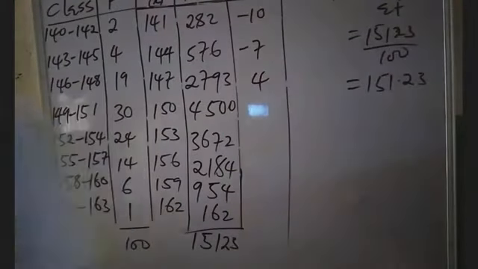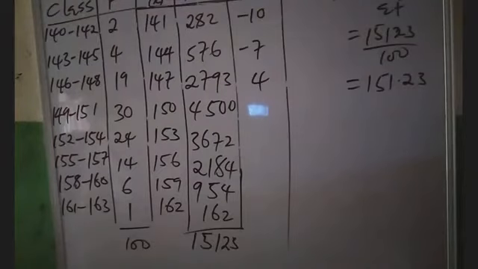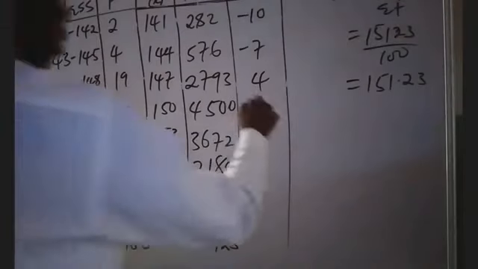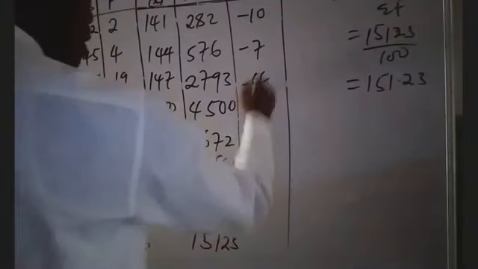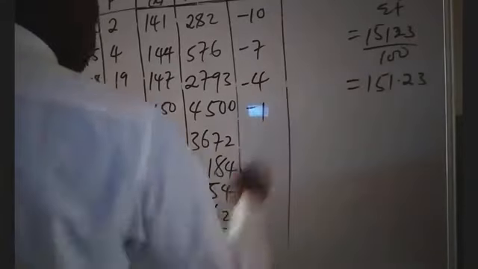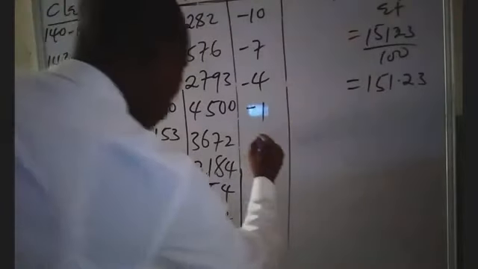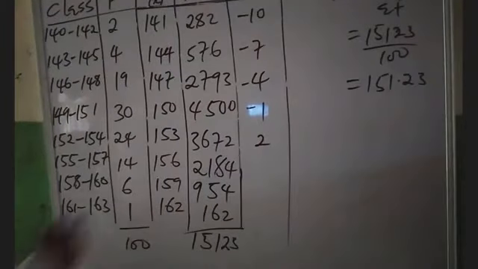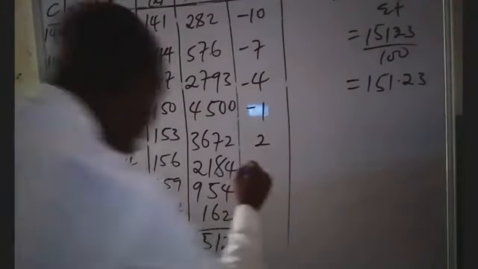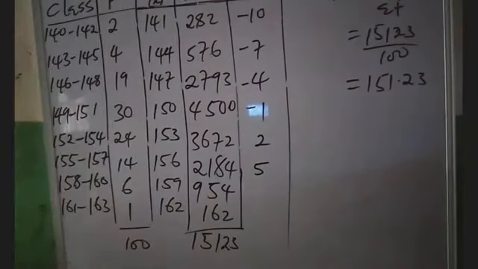From 151, we have 150. From 150, here is minus 1. Then from 153 you have 2. Then from 156 you have 5.